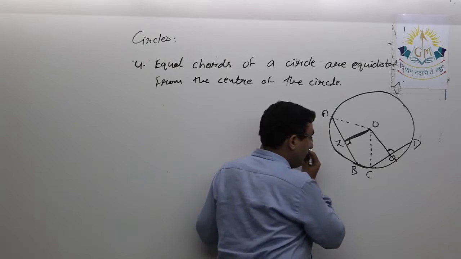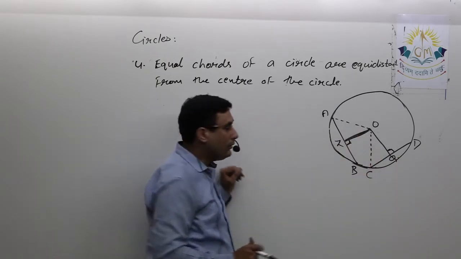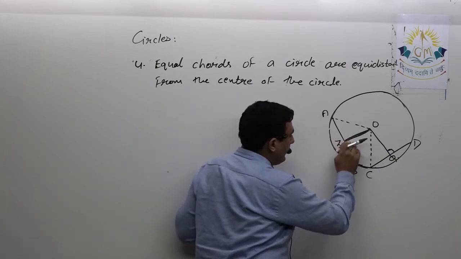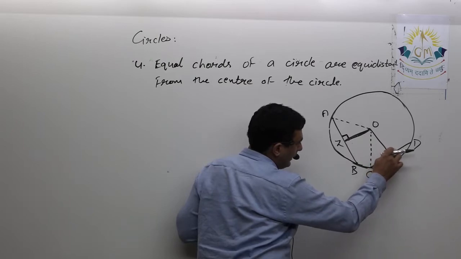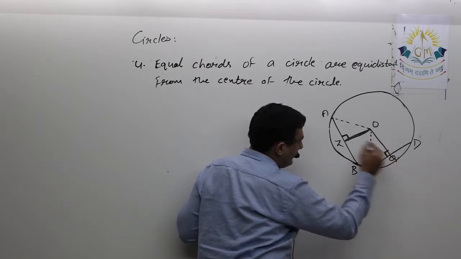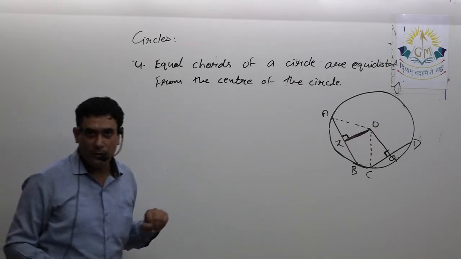If it is possible to prove these two triangles congruent, we can say OZ equals OQ. As the perpendicular was drawn, this angle is 90 degrees. Also AO equals CO because they are the radii of the same circle.